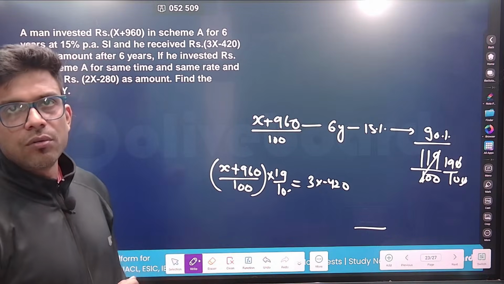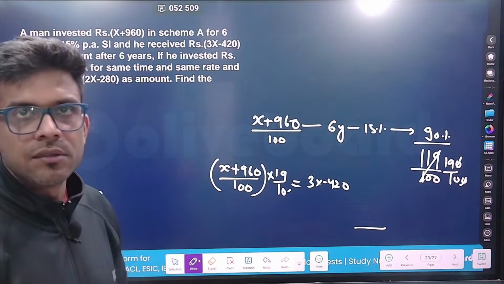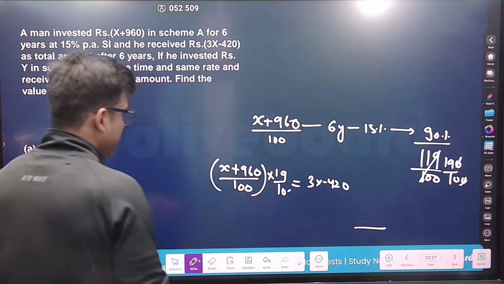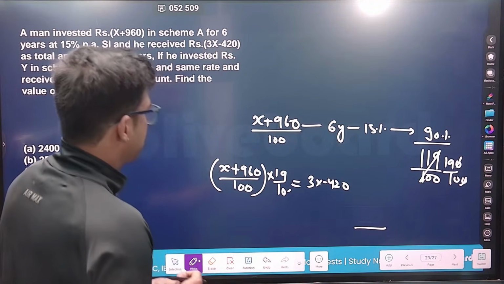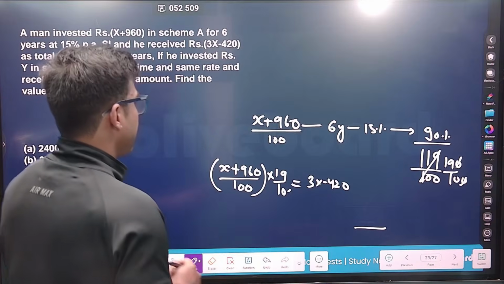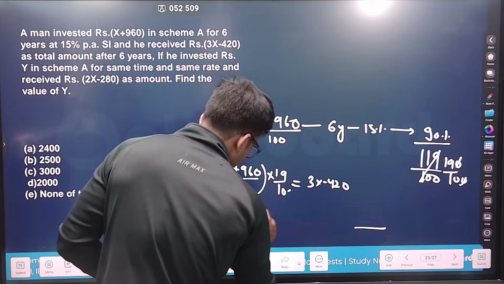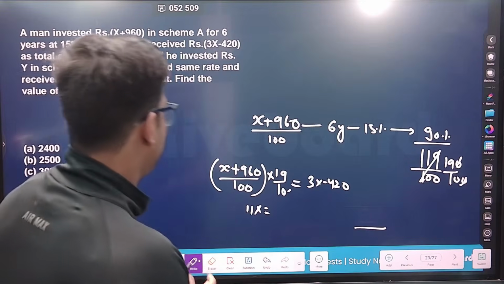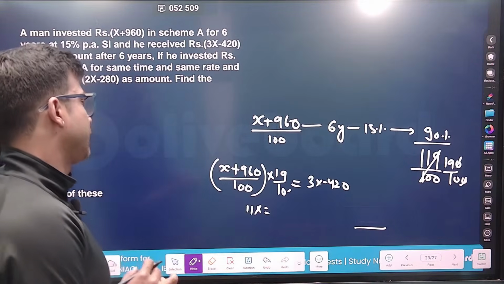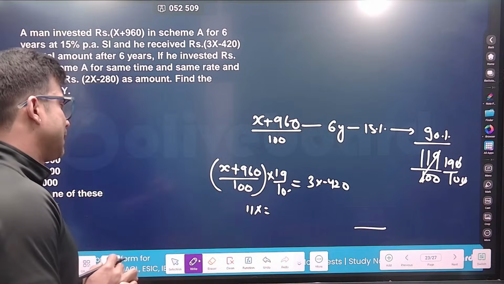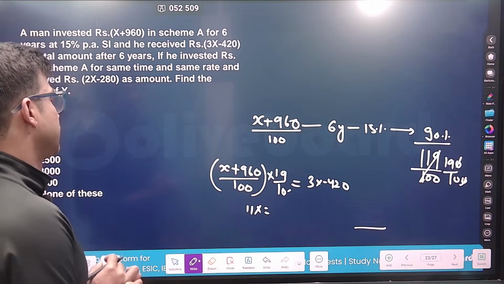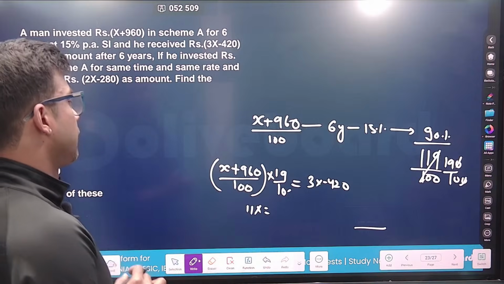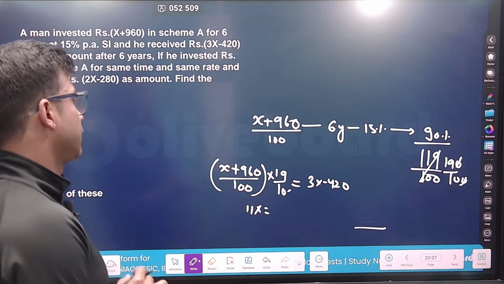I think no. Now here is the part of calculation that you need to understand. 10x, 3x, okay, 19x. So here would be 11x. First of all, this would be 11x, and this would be 60 multiply 19, 11x, okay, and 420, 4200.